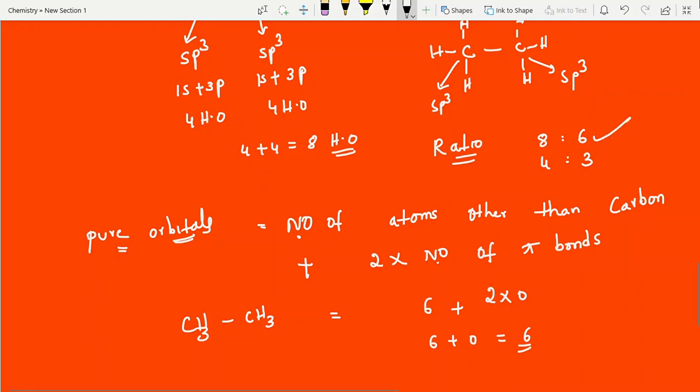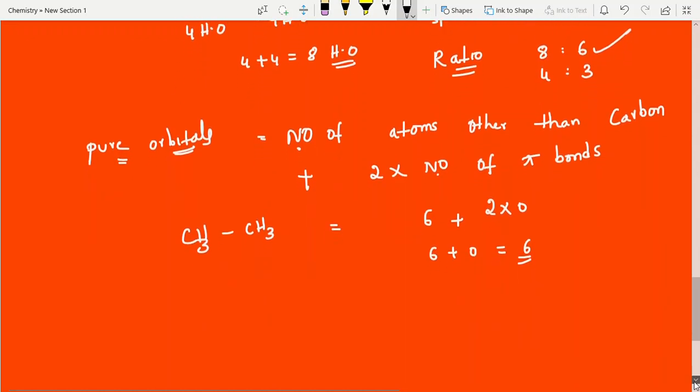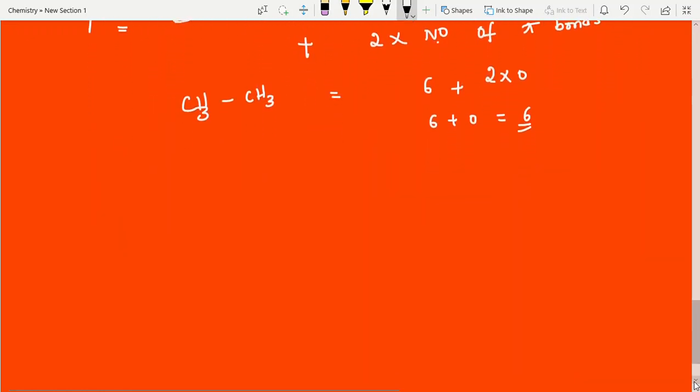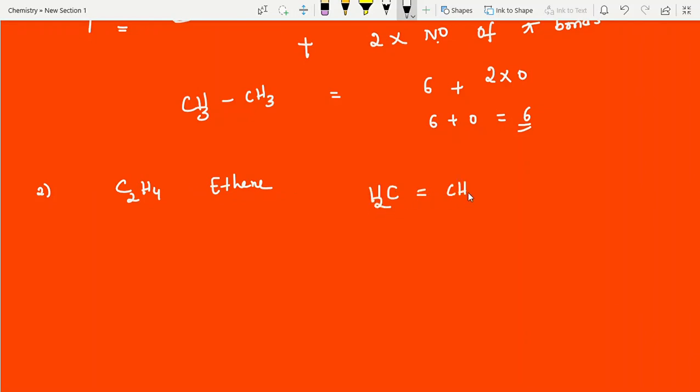Now work out other questions, students. Ethene, ethyne, benzene. So all ratios they're asking. Sometimes they ask hybrid orbitals. Sometimes they ask pure orbitals. Next question 2. C2H4. That is what we call ethene, right? So expanded form you can write CH2 double bond CH2, right? So at least one side double bond.